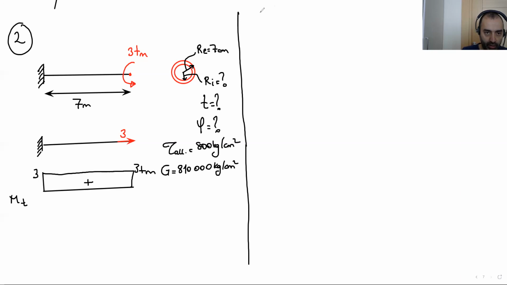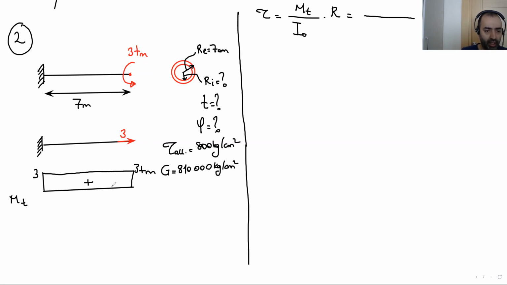How can we do that? Remember, tau is the torsional moment over I0 times R, where R is the total, external R. Let's write the numbers here. What is the maximum torsional moment on the section? Everywhere we have 3 ton-meter.